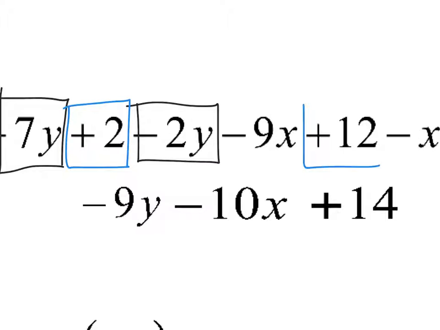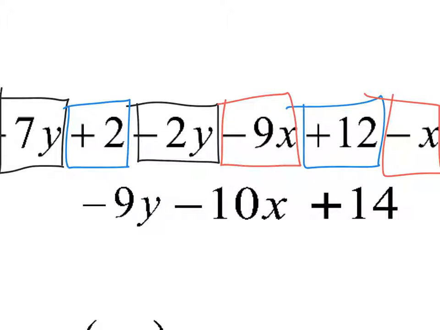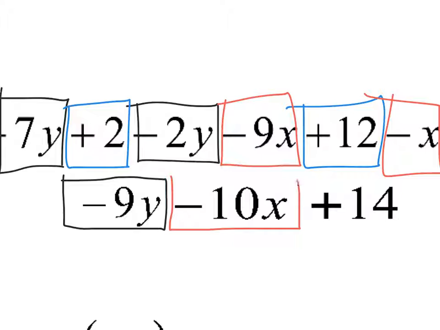Got a positive 2 and a positive 12, and then I've got a negative 9x and a negative x. And so combining them, my negative 7 minus 2 will become a negative 9. And then my negative 9x minus x is going to be a negative 10x. And then my constants of a positive 2 and a positive 12 are going to become my positive 14.